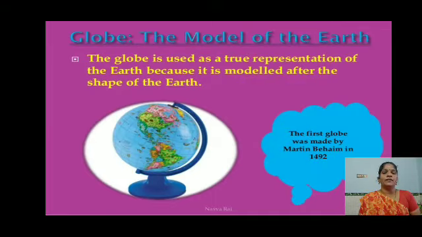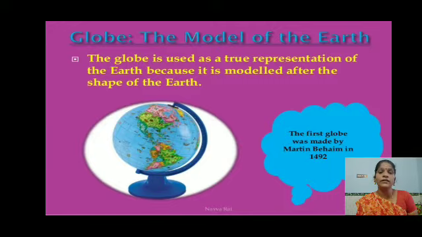Then next, globe. Yes, globe means the miniature model of our earth. If we want to see anything, even the biggest one, we should see the small shape, the actual example for that. Okay. Here, globe is the miniature model of our earth. It shows the actual shape of our earth.